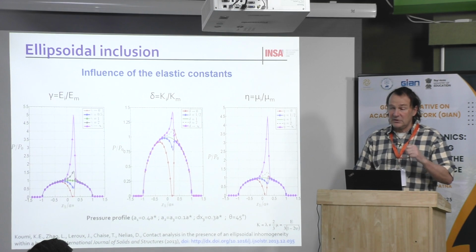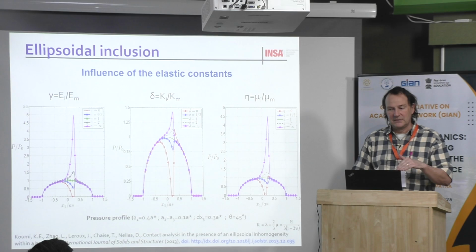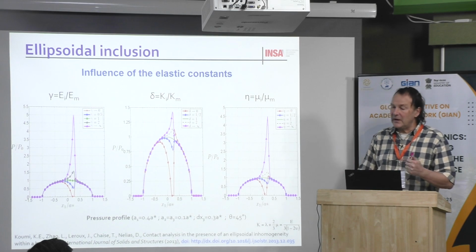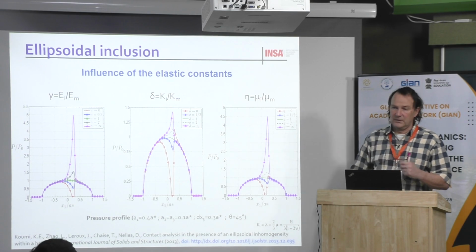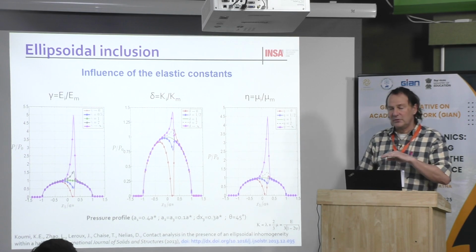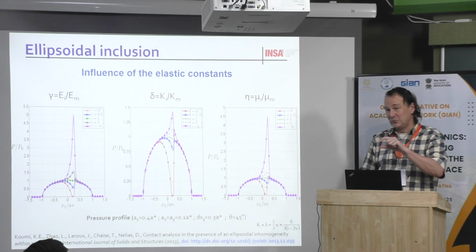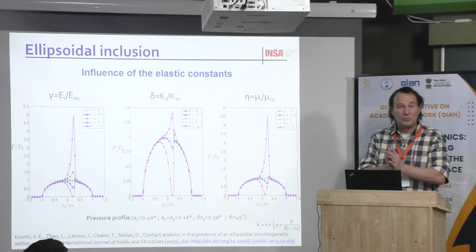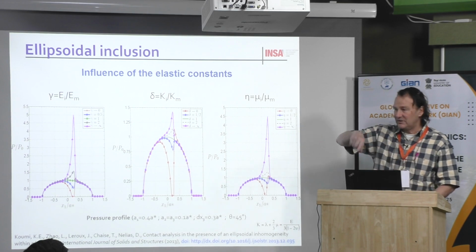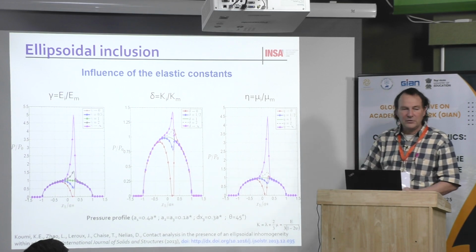It can have a very strong effect on the contact pressure, especially when it is tangent or close to the surface. What is important is the hardness of the inclusion and the compressibility of the inclusion. And one of the solutions to avoid any problem is to put a layer on top of the composite material if you have a contact problem, something to avoid any contact problem.